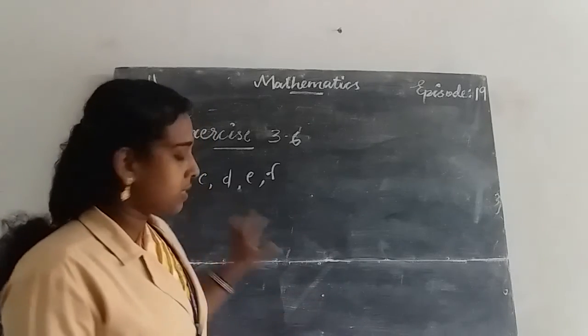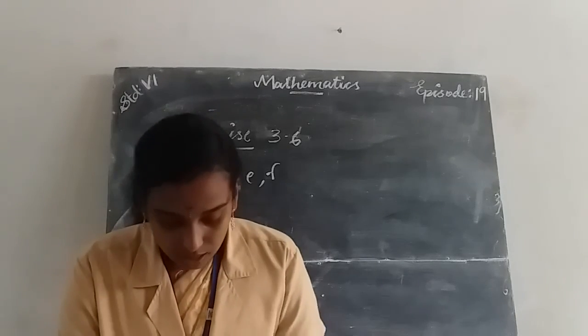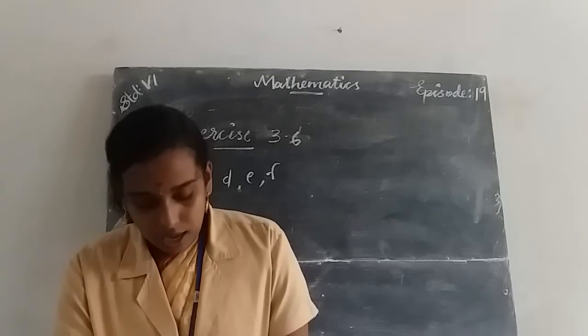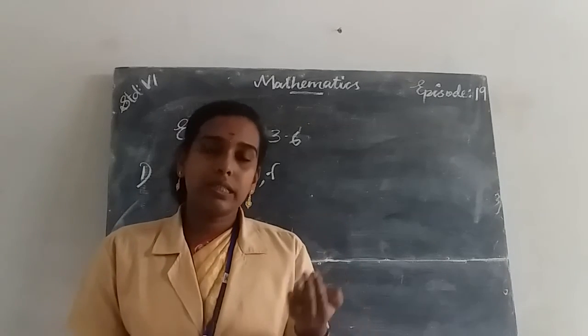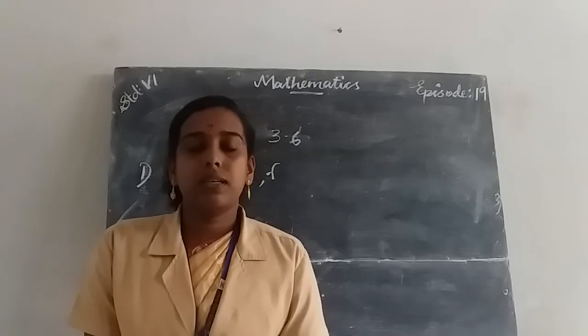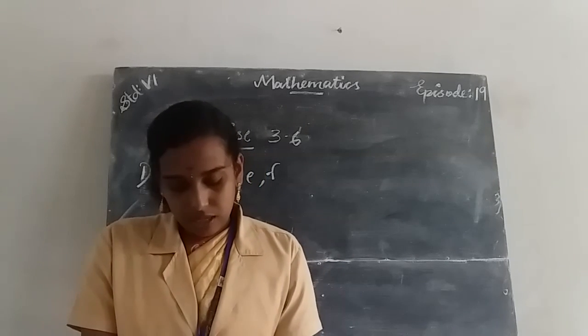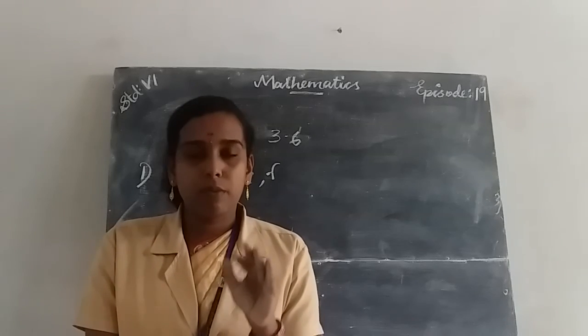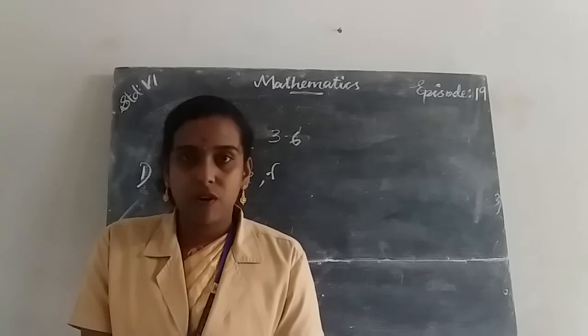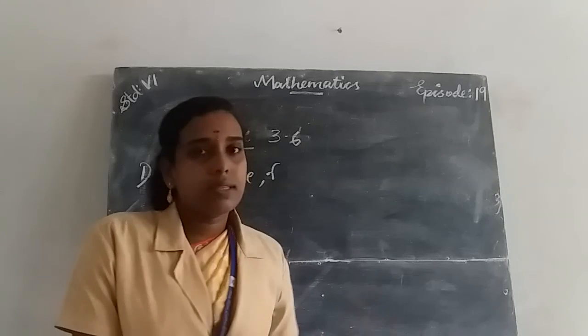The questions are the same. Do the questions in the same way to find the highest common factor. Use the division method or factorization method, and in the division method you first find the common factors of each of the following, then find the highest common factor.